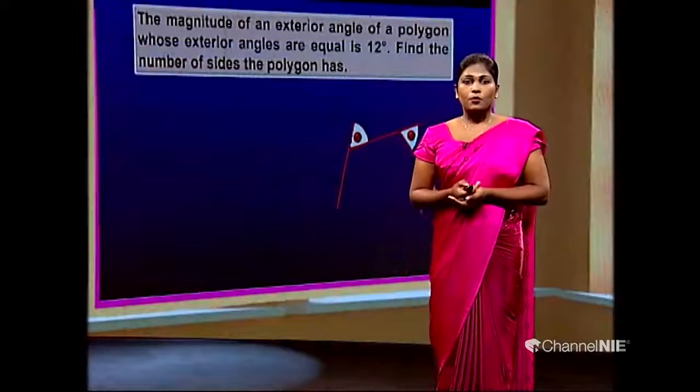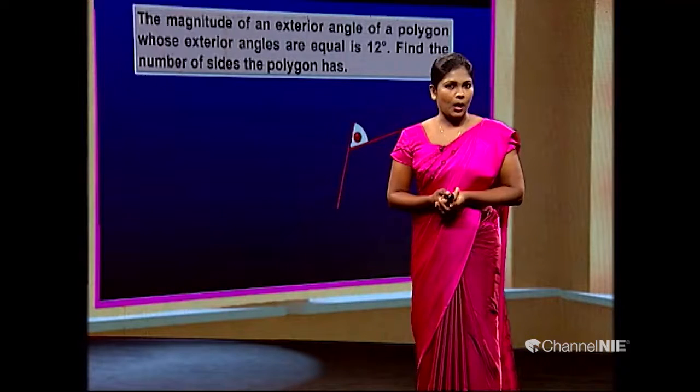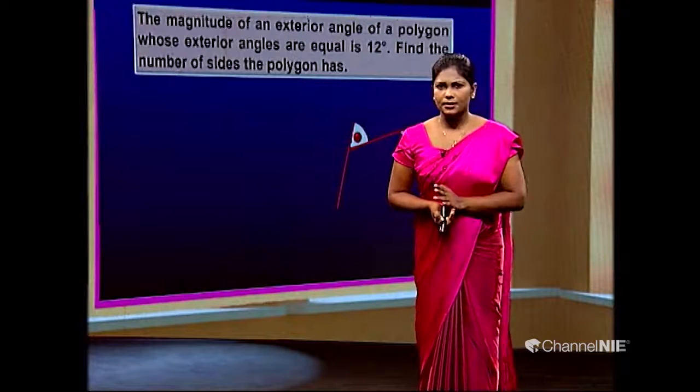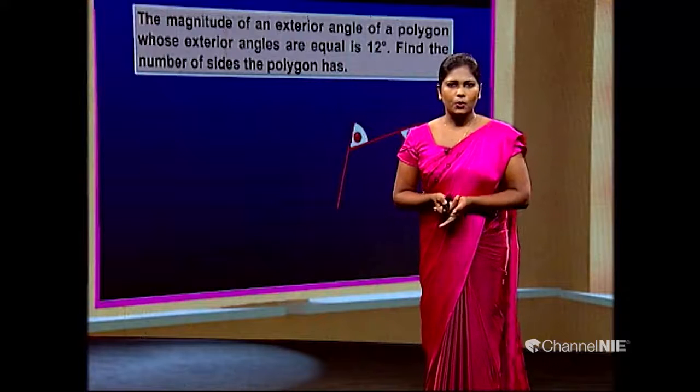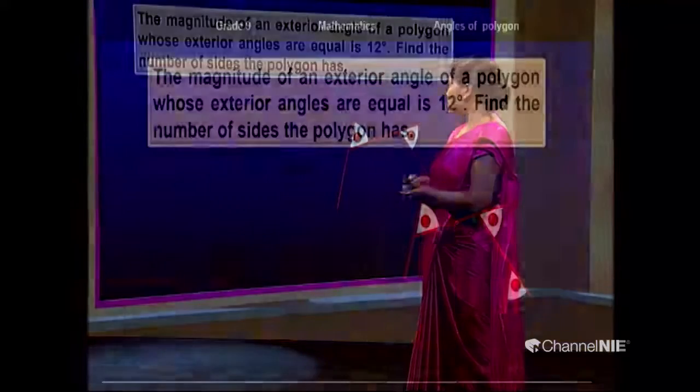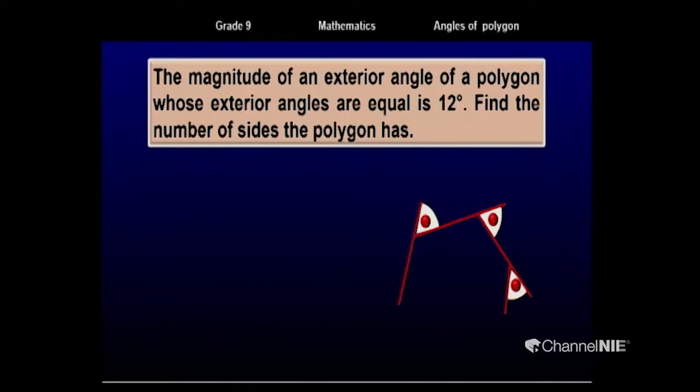So we have to discuss another question, a little bit different from the other questions. What is the difference? Look at that, read the question. The magnitude of an exterior angle of a polygon whose exterior angles are equal is 12 degrees. Find the number of sides the polygon has.